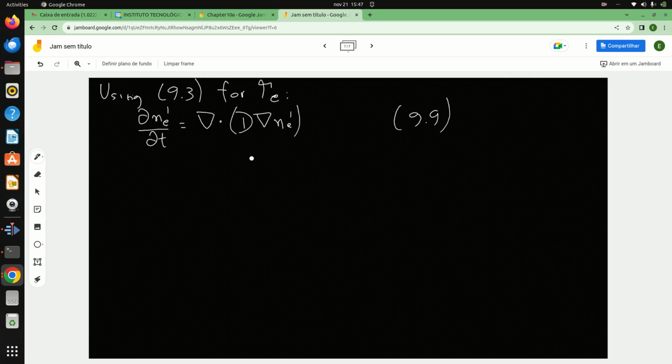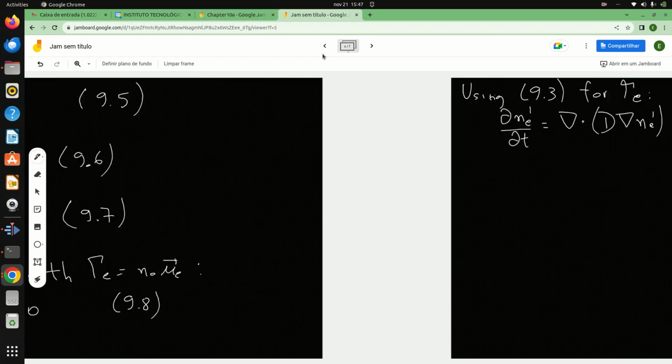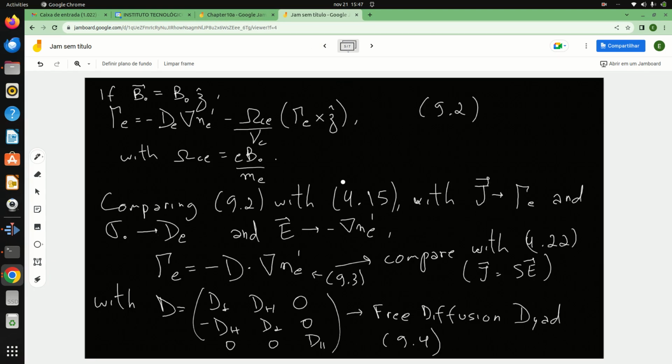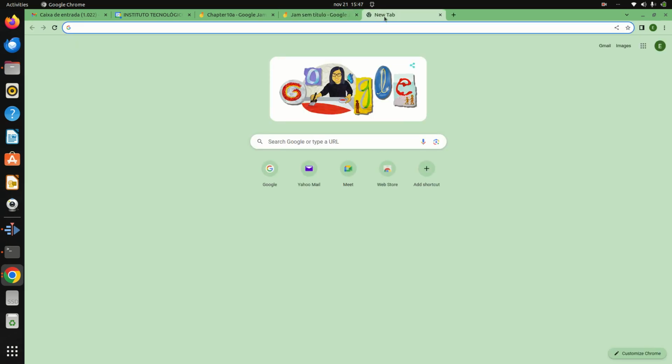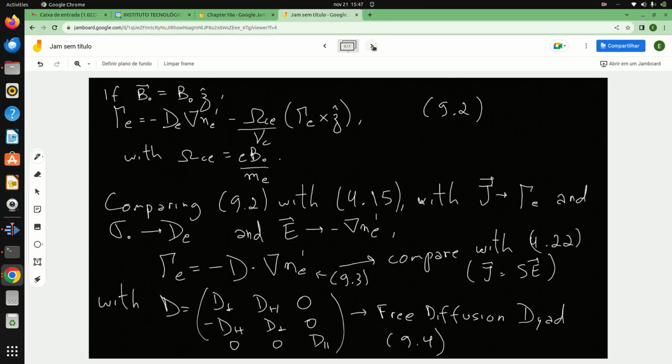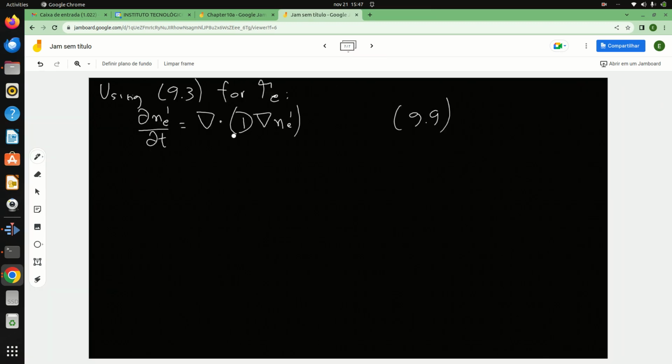Now we can use 9.4, the components for the D tensor.